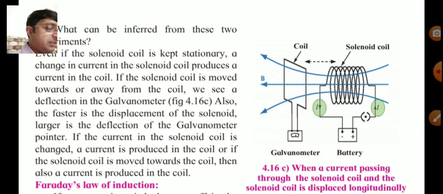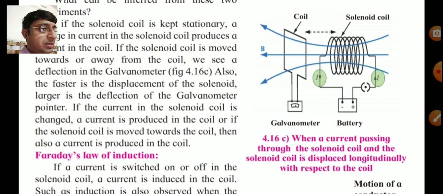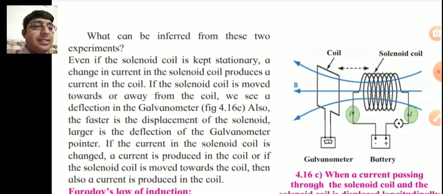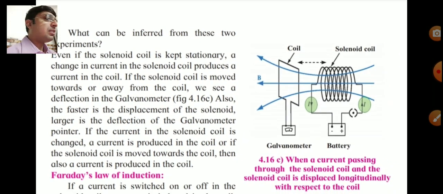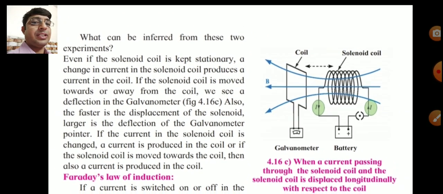So the question is given for us. Check that question given in the first line related to this diagram 4.16. So what can be inferred or concluded from these two experiments?